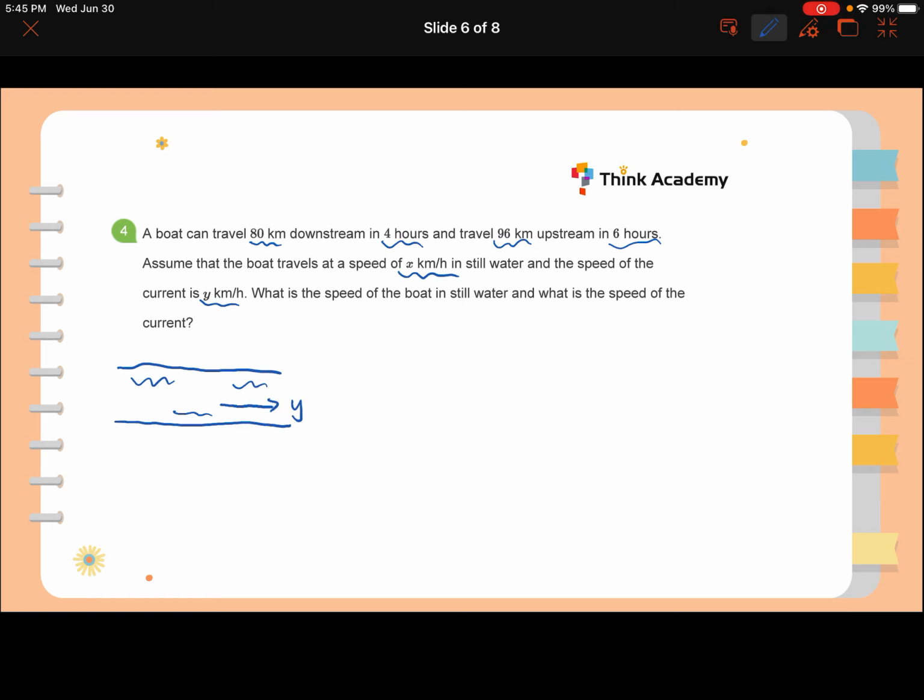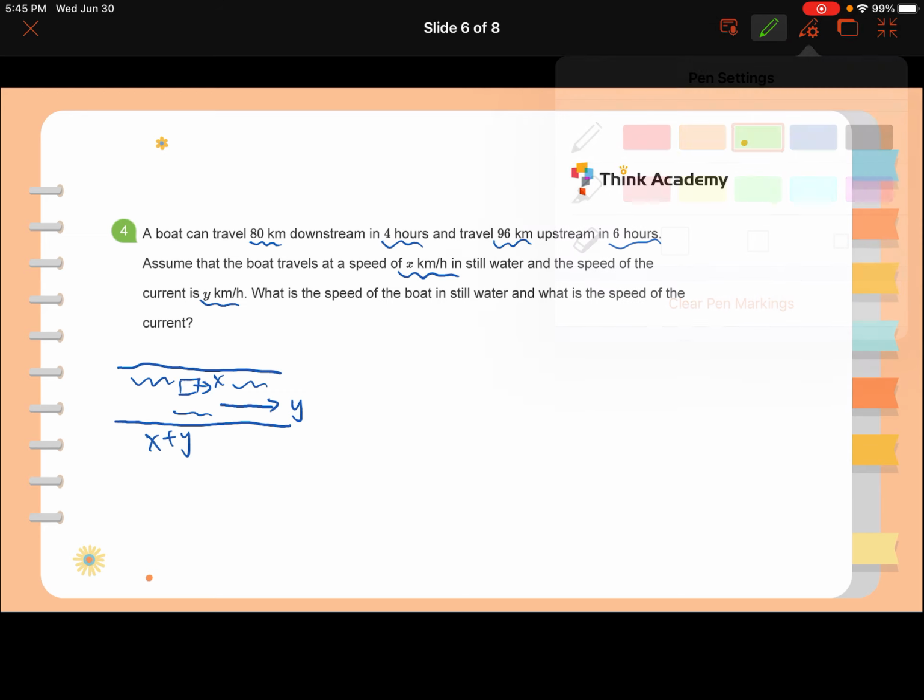That's the current, and we are sitting in a boat. Suppose we are traveling downstream. That means we are traveling in the same direction as the current. So what's our total speed? The total speed should be x plus y, because with the help of the current, we are able to travel faster. So x plus y is the total speed if we are traveling downstream.